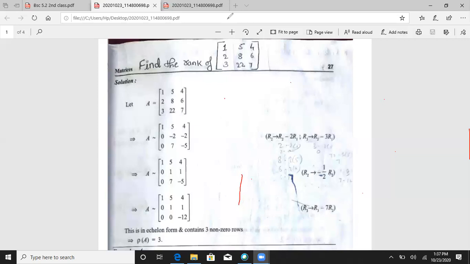R2 is 1, so 1 minus 1 is 0, 3 minus 3 is 0, then 4 minus 4 is 0, then 3 minus 1 is the 2. This is the easy matrix.